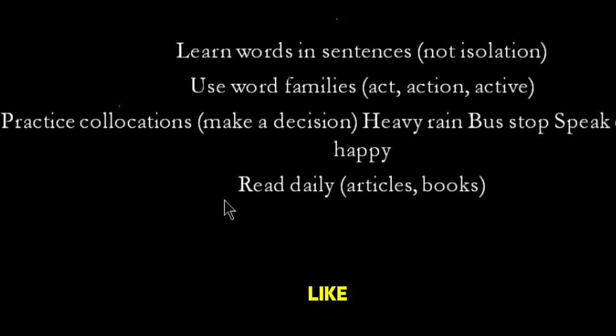What is a family? We have a single word, that is act. Then it has different derivations, different inflections. We must understand and memorize all these families, all these derivations.